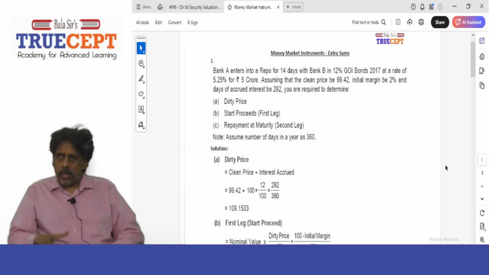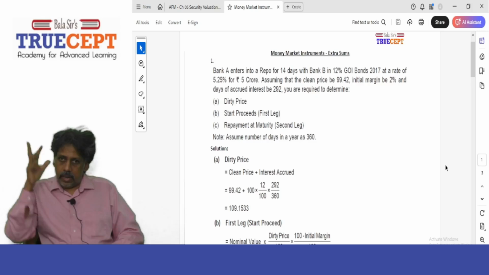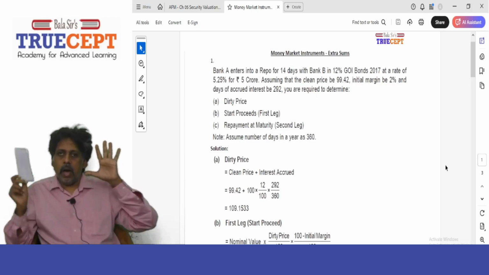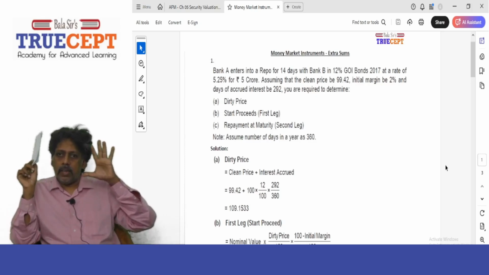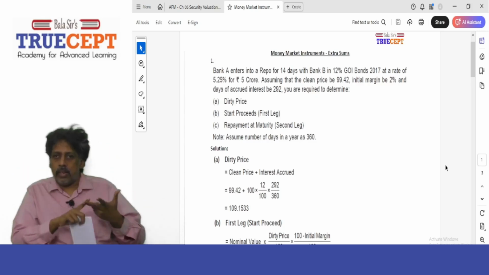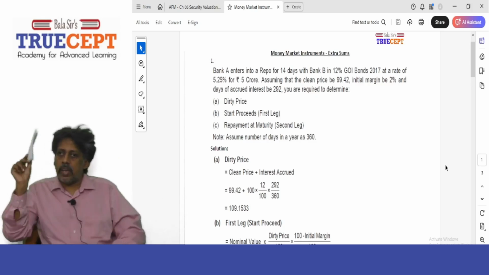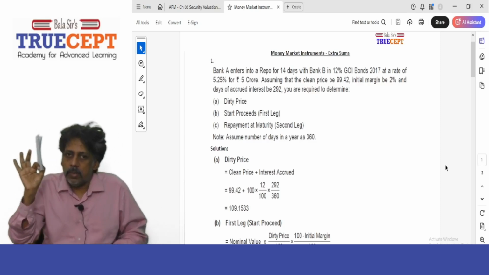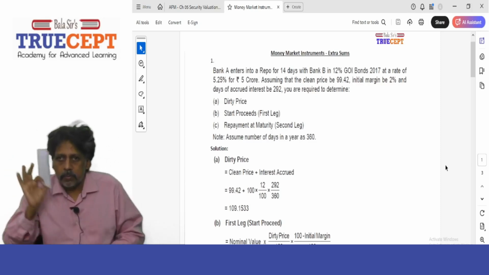Now please understand bank A, my right hand, and bank B, my left hand. Now what happens? Banker A wants a loan and bank A is ready to sell their investments. Assume these are investments in government bonds.